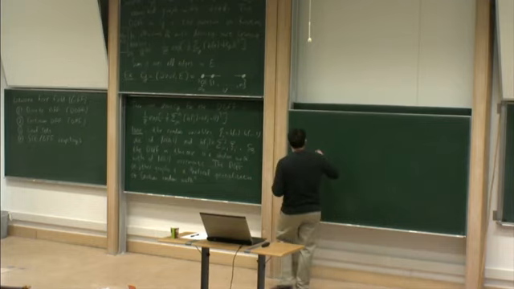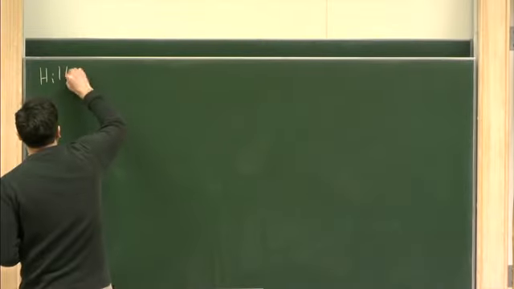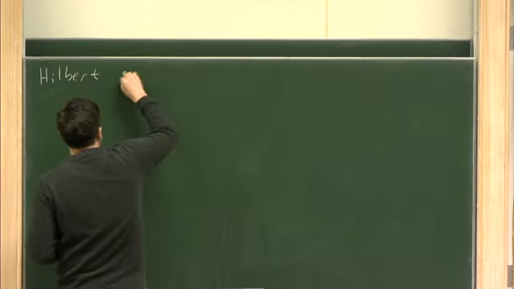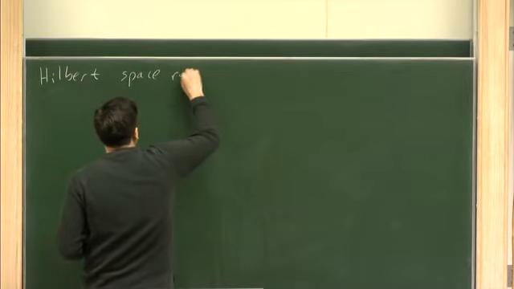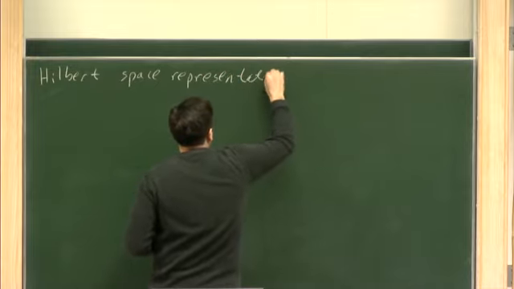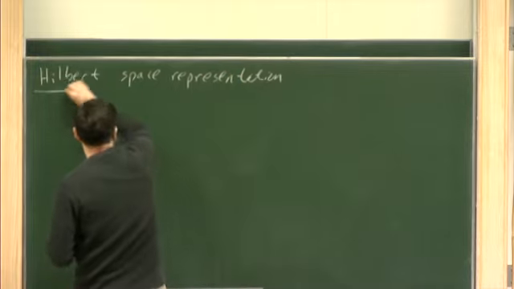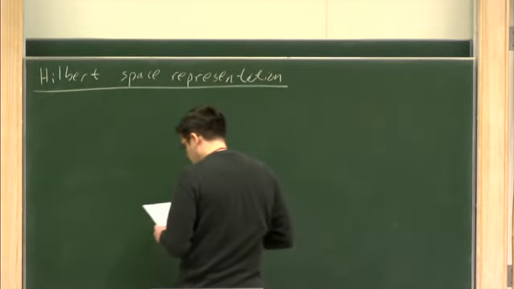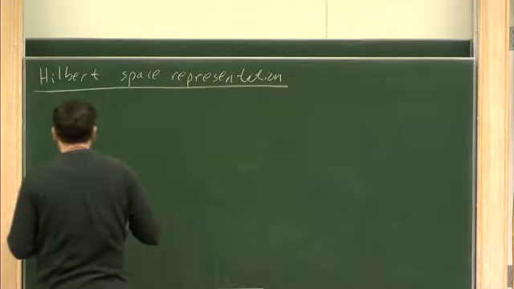And the starting point for that is the following Hilbert space representation of the discrete Gaussian free field. So this is the perspective that makes it pretty straightforward to prove lots of things about it.